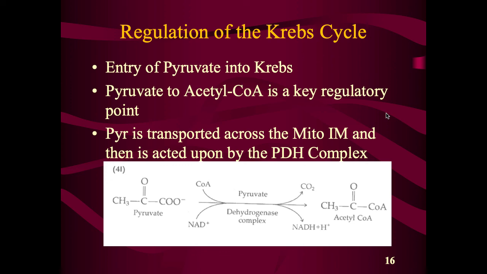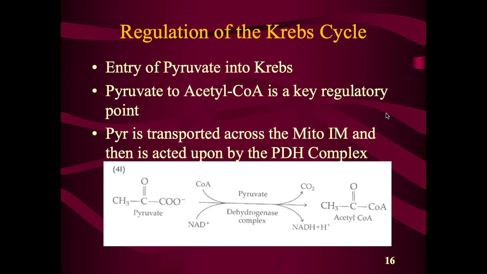So as you can imagine, this is a very important regulatory point. And this is actually tied to ETC. ETC can basically slow down this reaction. And so this is a key regulatory point. Now, once pyruvate is transported across, if it's converted to acetyl-CoA, acetyl-CoA does not go out.